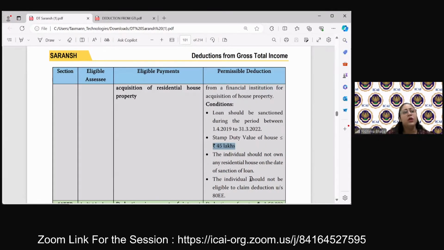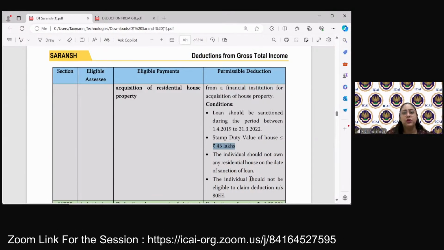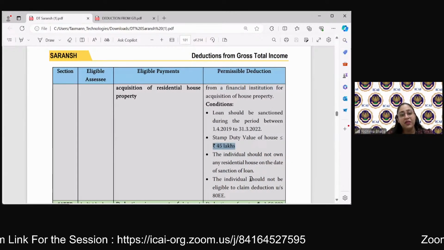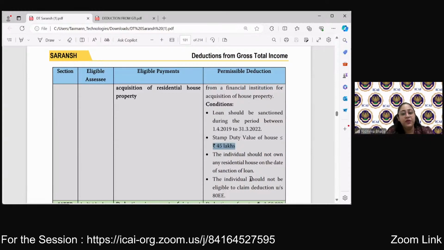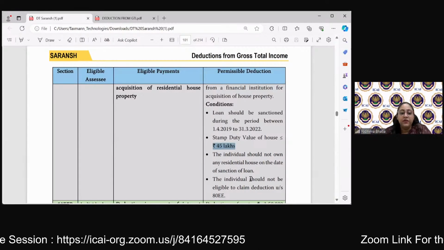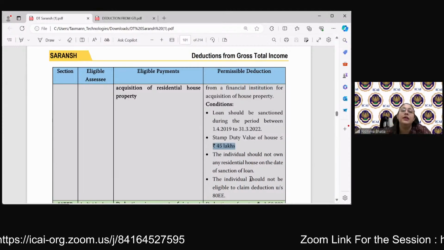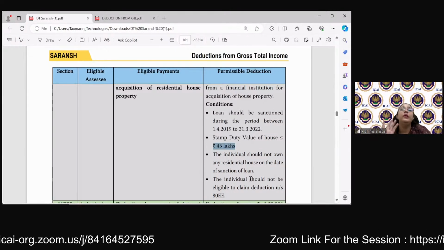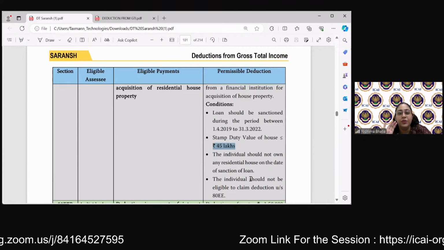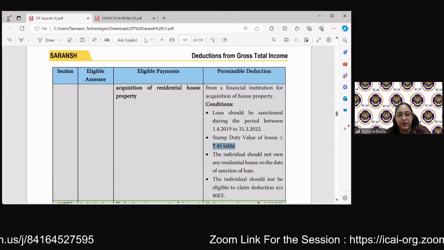Maximum, whatever interest you claim, yes, 2 lakhs can only be used for the adjustment purposes, but otherwise it would be carried forward. So you'll always have the benefit. So please be careful of what has to be claimed under what section to get the optimal tax benefit. This is what we call in the real sense tax planning. So please be very careful on those respective parts.